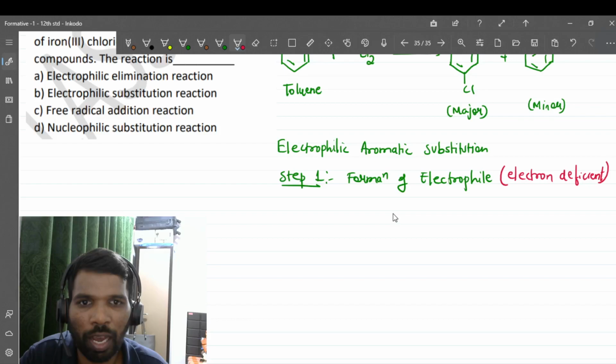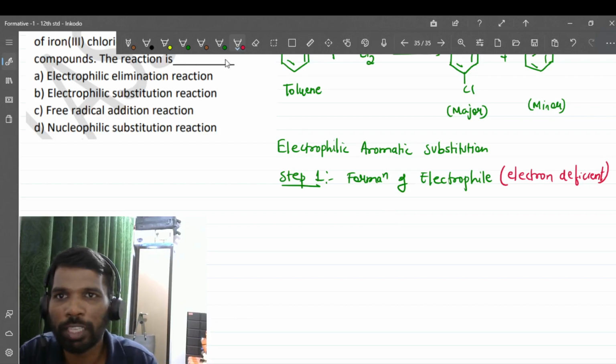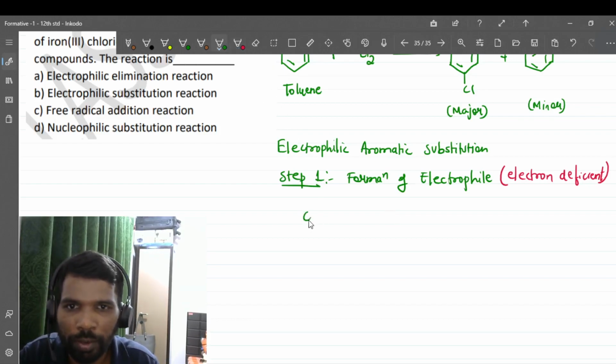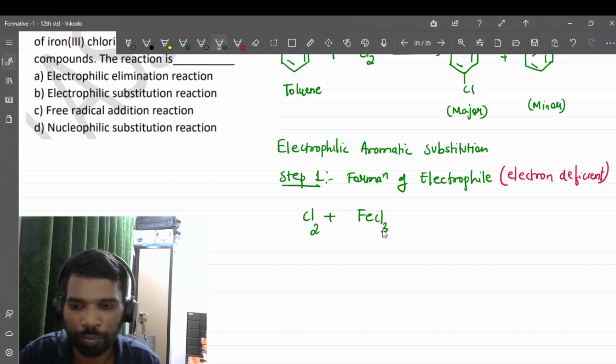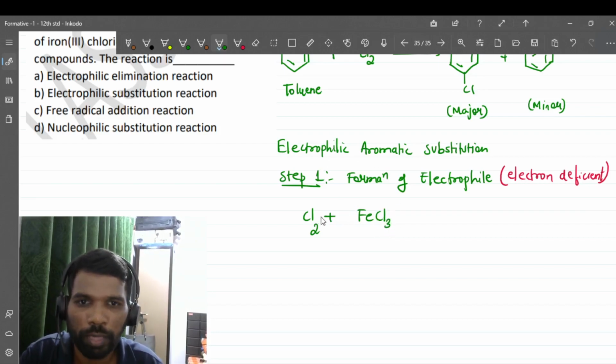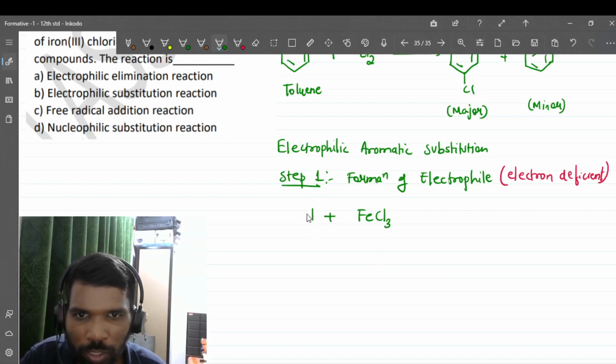So how is the electrophile formed? The reaction between chlorine and FeCl3. Now I'll write this chlorine in this way also.